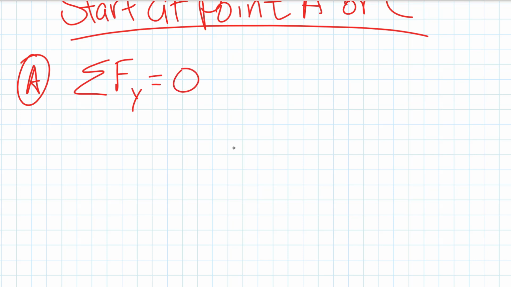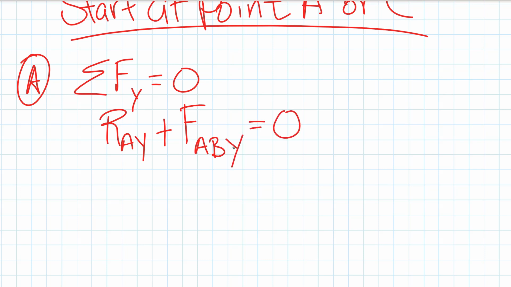Then we're going to think about what that means. That means that if we add the reaction force at point A in the Y direction and the force of the line from A to B in the Y direction, that's going to be equal to 0. We need to understand what is equivalent to the force of AB in the Y direction, so we're going to use the sine function.